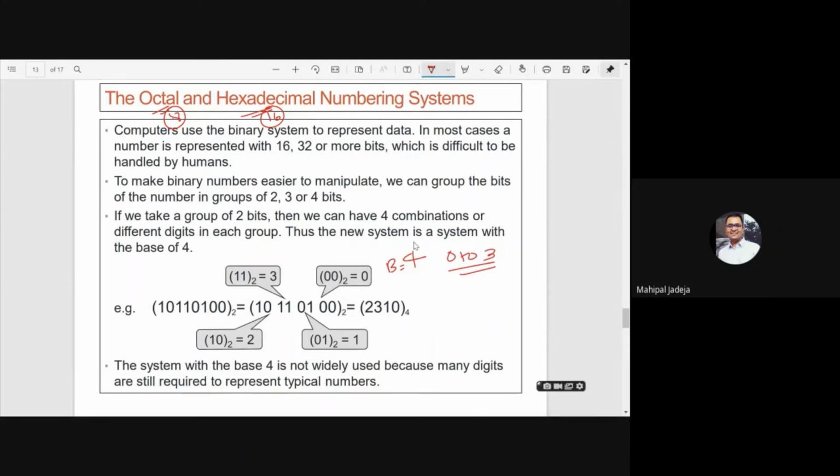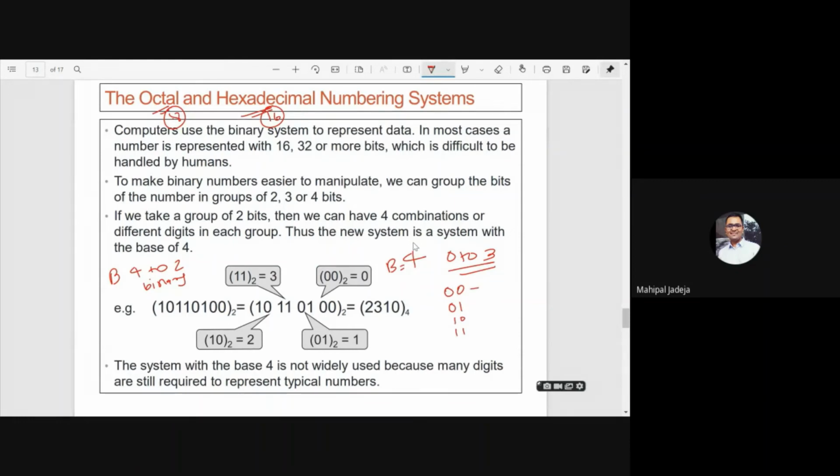If I want to represent them using binary digits, my focus as of now is how to convert base 4 to base 2, or binary. With respect to binary representation, I know 2 bits are sufficient to represent these digits: 0 0, 0 1, 1 0, and 1 1.